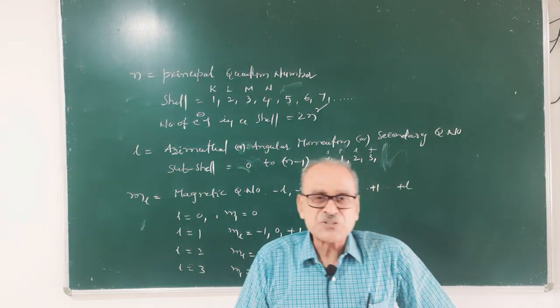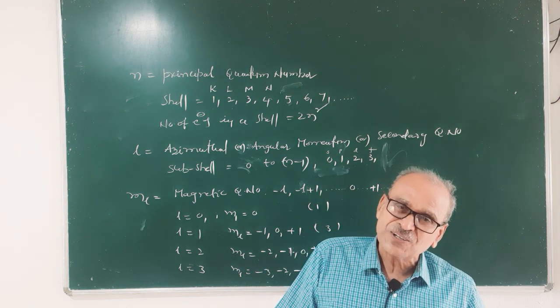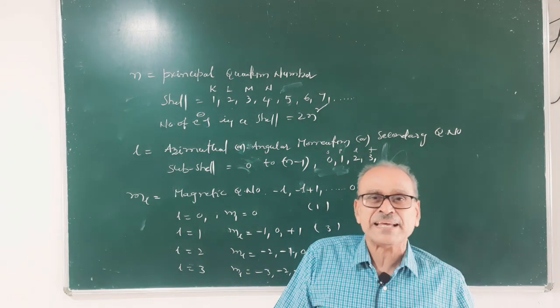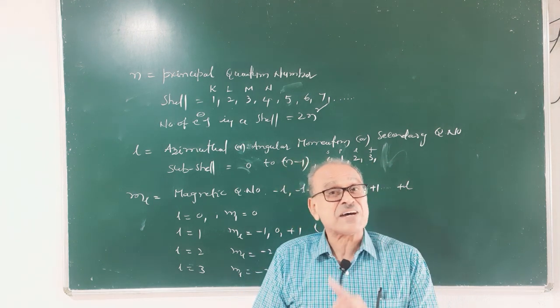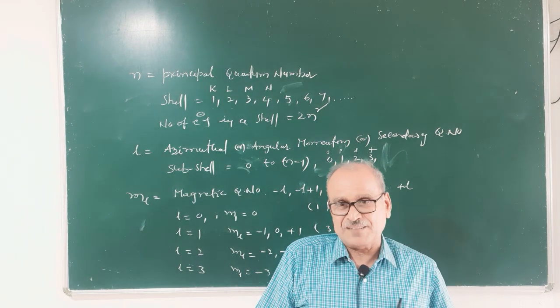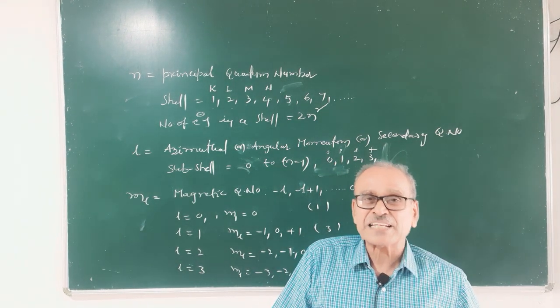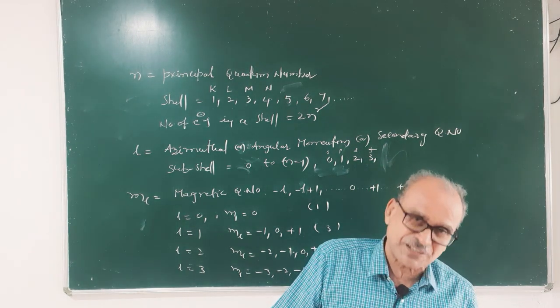Now, n is equal to 1, l becomes 0, ml becomes 0, and that is given the letter symbol s, and the shape of the orbital, that is the theta phi wave function, is spherical. So, the sign of the wave function is plus in a spherical s orbital.